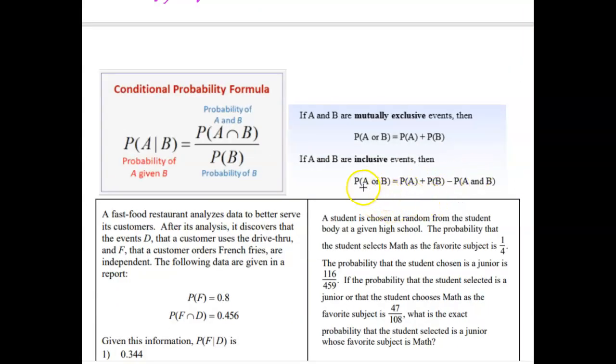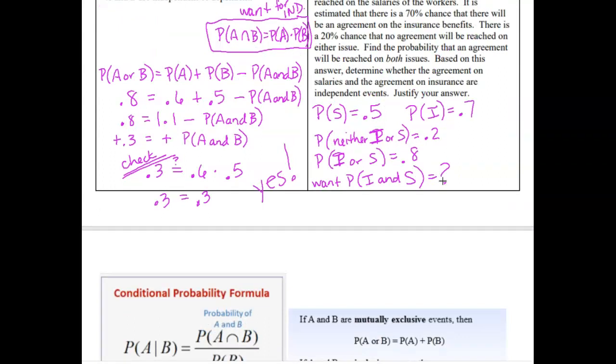Okay, so A or B plus A, B minus and. All right, so let's go ahead and write that. So the probability of I or S is equal to P of I plus P of S minus probability of I and S.